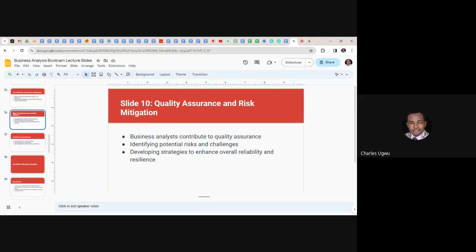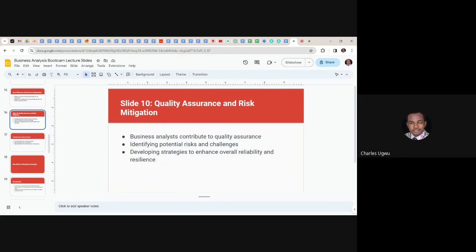So, good business analysts must have a risk plan. It's either you confront the risk or you transfer the risk. You must have a plan on how to manage your risk so that you reduce any impact the risk can bring.